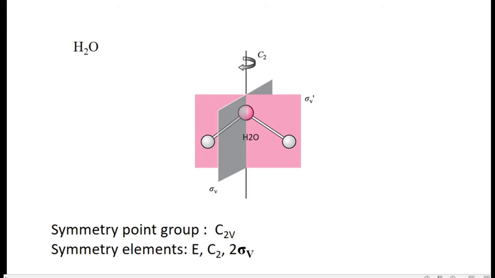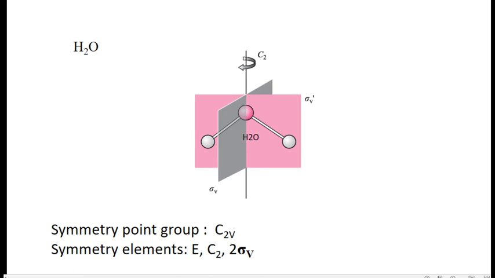The molecule has 2 vertical planes of symmetry, one of which bisects the molecule into 2 halves, and the other which is the molecular plane. So all the atoms of the molecule lie in the molecular plane. Both planes are perpendicular to each other, and since both planes pass through the principal axis, they are vertical planes.